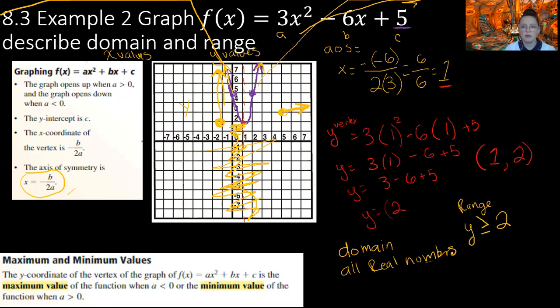And I will double check on Big Ideas how exactly they want you to put in this domain of all real numbers. I think a lot of them are math, and it might be something like all real numbers. It might be something like infinity to infinity, or negative infinity to infinity.